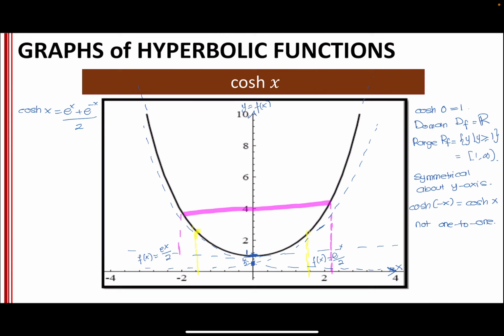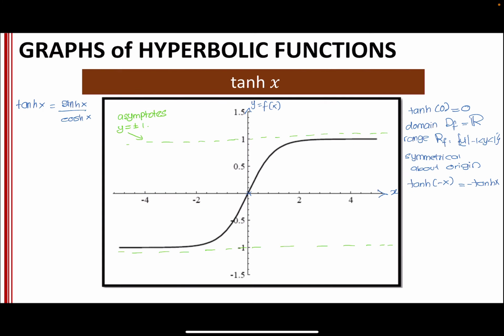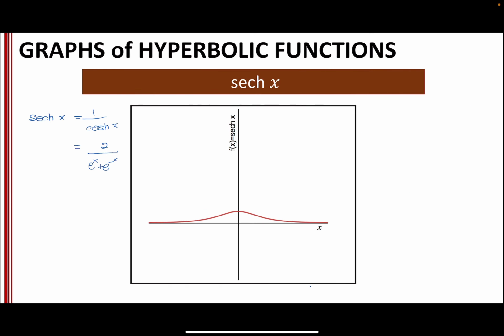If we see here cos x, when x equal to 0, your f(x) is equal to 1. So for 1 over cos x, when x equal to 0, it will be 1 over 1.